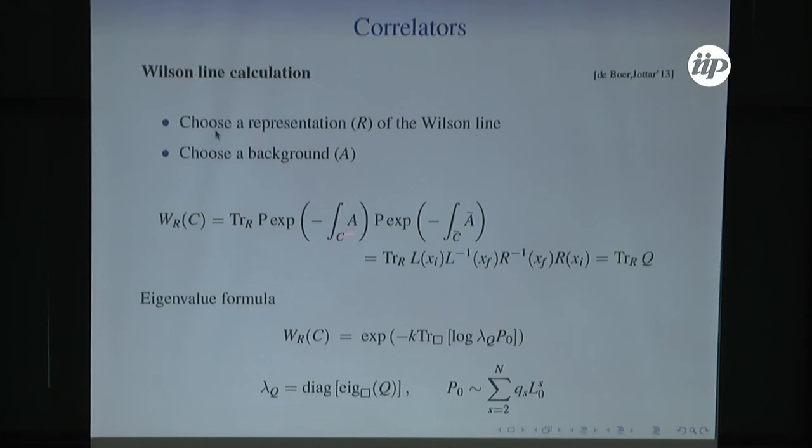So you can trade the algebra fields into group fields, and then the Wilson line will be just a trace of the product of the group elements at the endpoints. So there is some matrix Q. You would like to know the eigenvalues of that matrix.